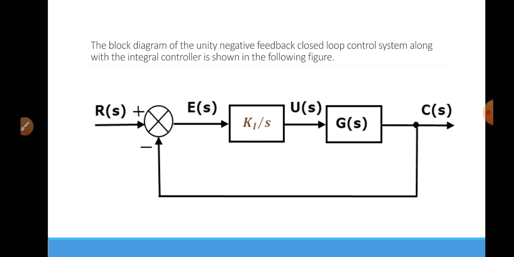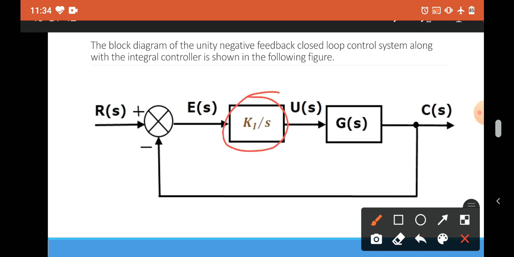This is again same, only we have replaced this k of the proportional controller by ki by s. Now this is your integral controller. This error signal will be converted in the form of integral, and we will get the output as per the gain and the error signal. So this is a block diagram of your integral controller.